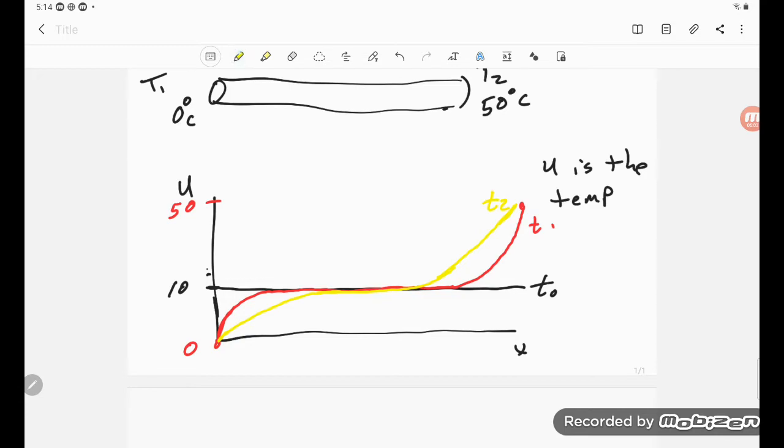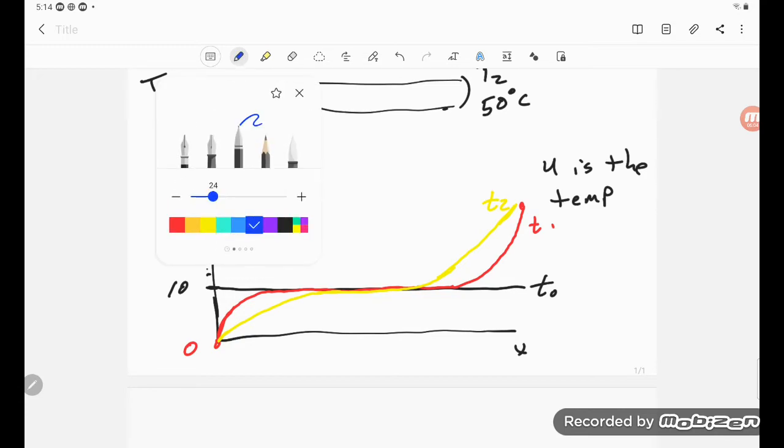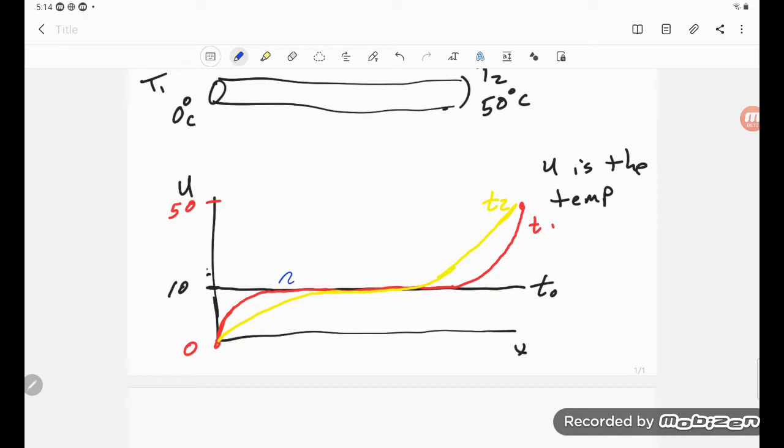Now, if we let it go long enough, we'll reach a steady state. And at T infinity, or something way out there anyway, you would probably expect to see something like this. So this would be T infinity.